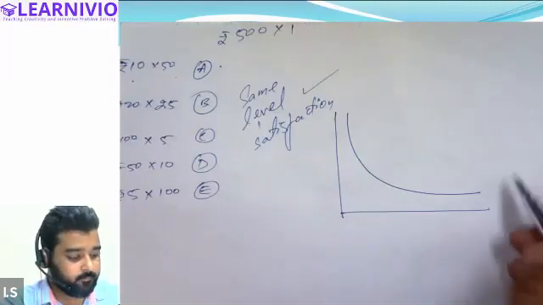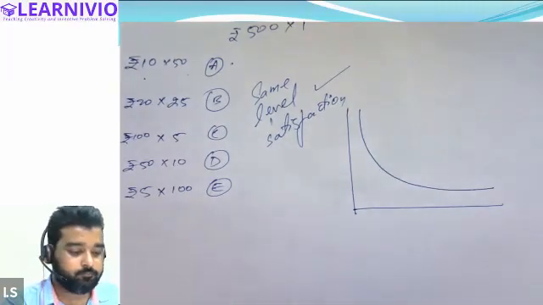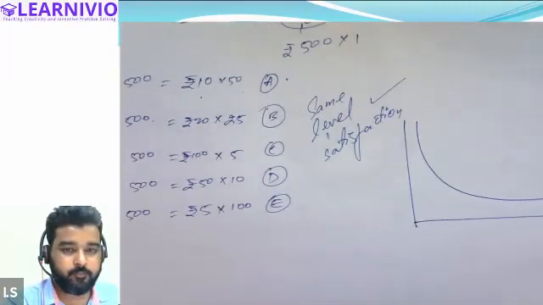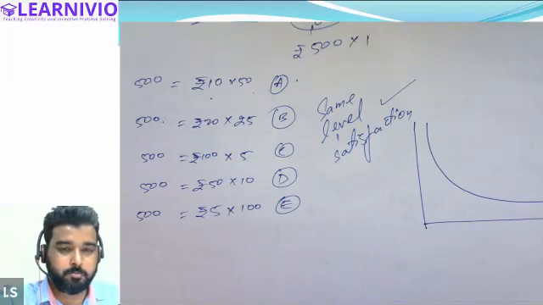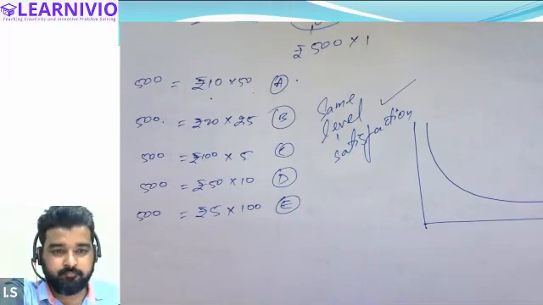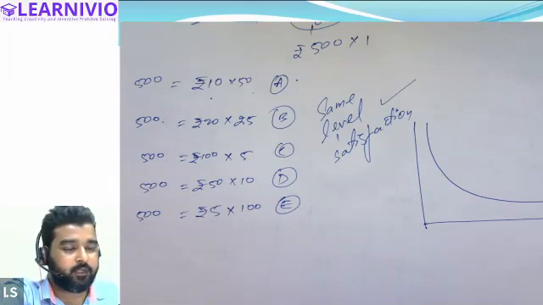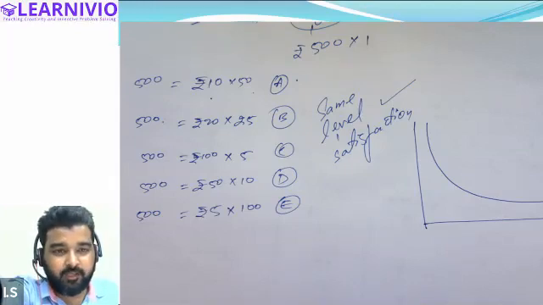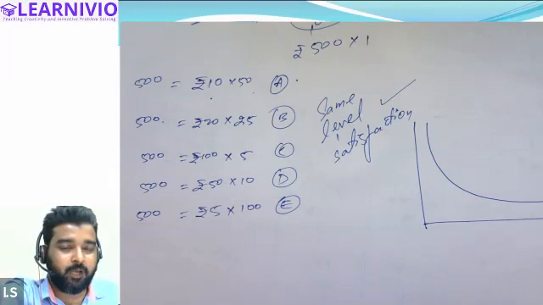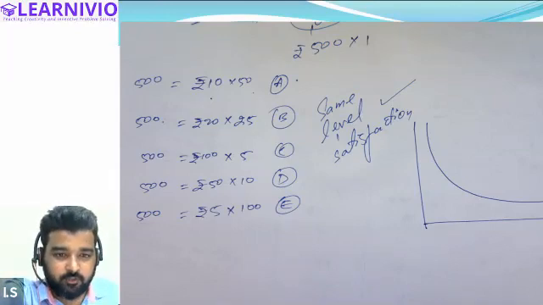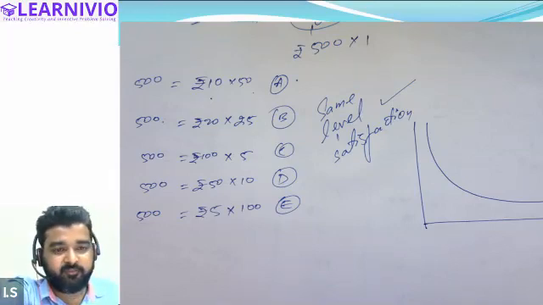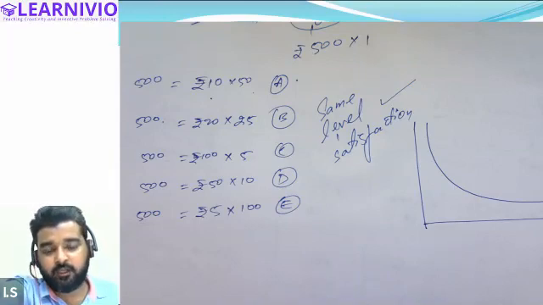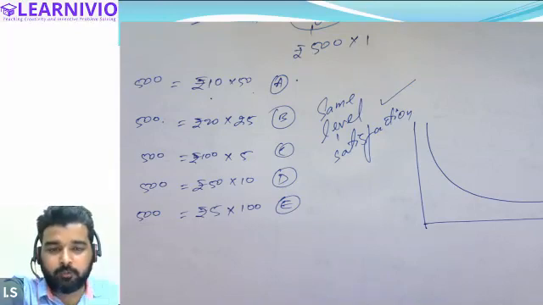Sir, but some people will have a particular preference, like they will like something more. So how about that, sir? See, we are basically talking in terms of the amount he is going to receive. We are not discussing here the problem of change.